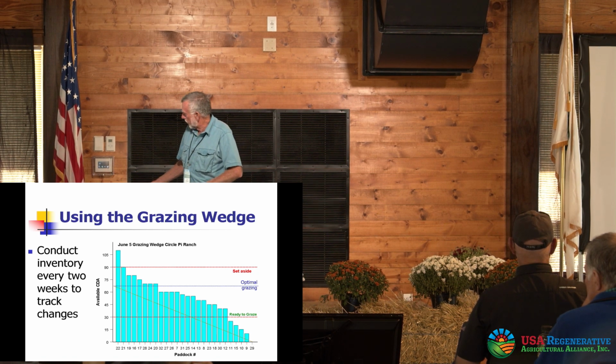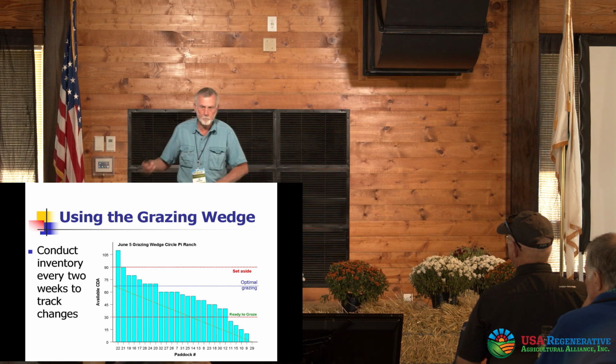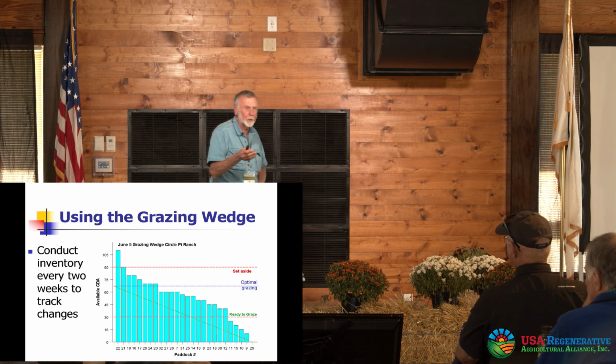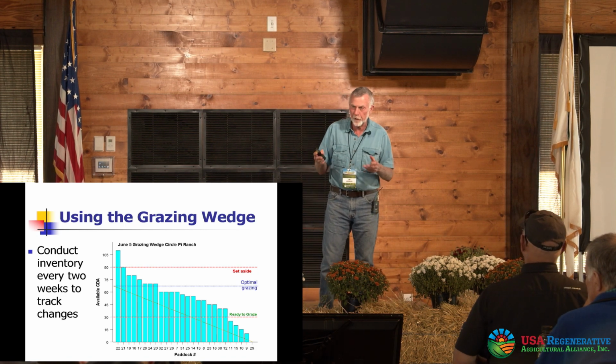So rather than, after grazing pasture 29, going all the way to 22, this is what we set aside for hay. And I could then come back and start grazing here and be much closer to the optimum grazing. So this is one more thing that a grazing wedge helps you identify.